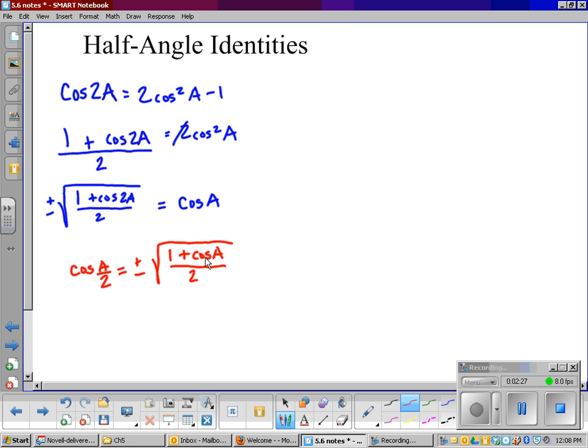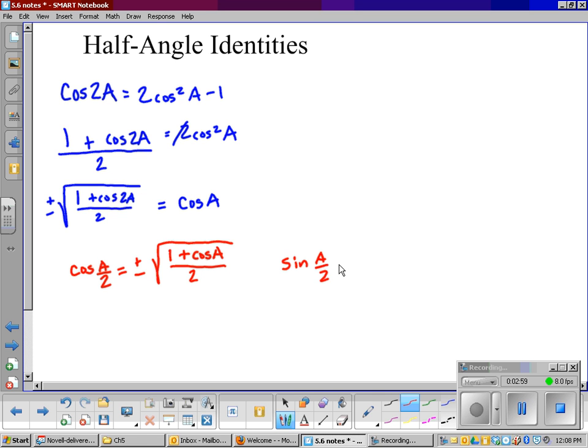Okay, so it doesn't really matter what you call your angles here, but it does matter that they have that relationship, that the one over here, which is going to be your special angle, is twice the angle that you started with. That needs to be added to your list. Now we could go through and use another version of cosine 2a, the 1 minus 2 sine squared, and derive it, and we would get a similar identity for sine A over 2.